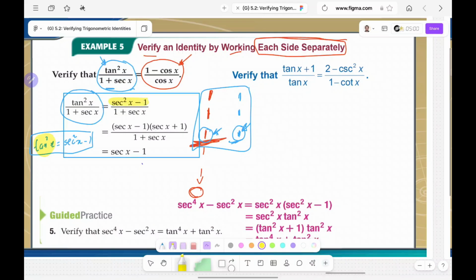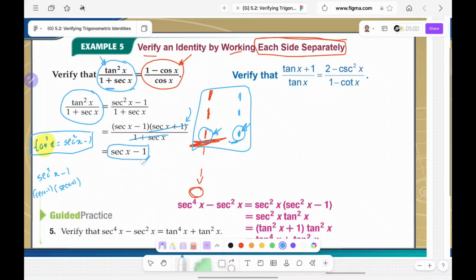Now after this, 1 plus secant stays the same. Then secant squared x minus 1 can be written as a difference of two squares: secant x minus 1 times secant x plus 1. So this is what you can see here. Then after that, I can cancel the secant plus 1 with the 1 plus secant. So now I reach this step.